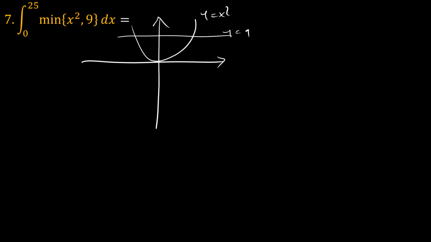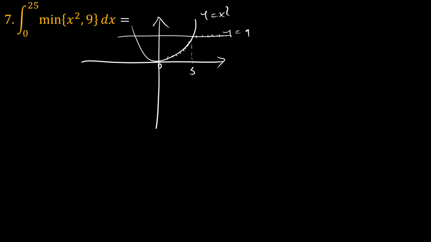And you can see that from 0 to 3 here, the curve x squared is minimum. Above it, y equals 9 is minimum.